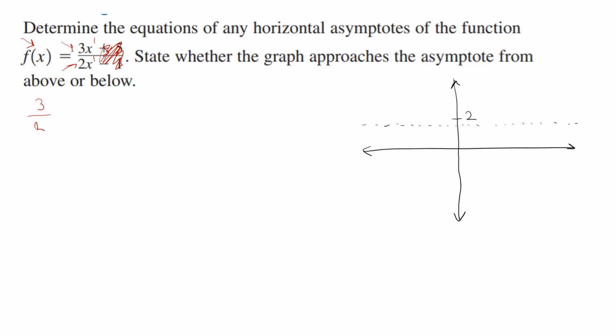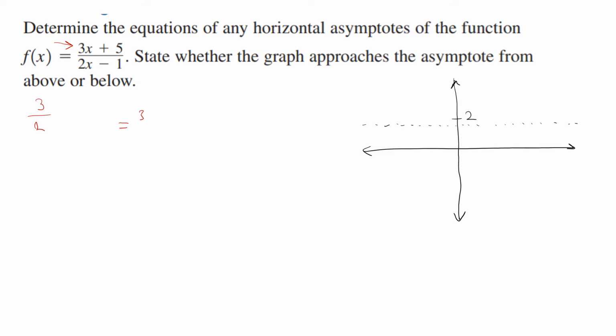Now, to determine if it's approaching from above or below, we consider a very large positive and very large negative value for x. Let's say my very large positive value is 1000. I plug that 1000 back into my function.